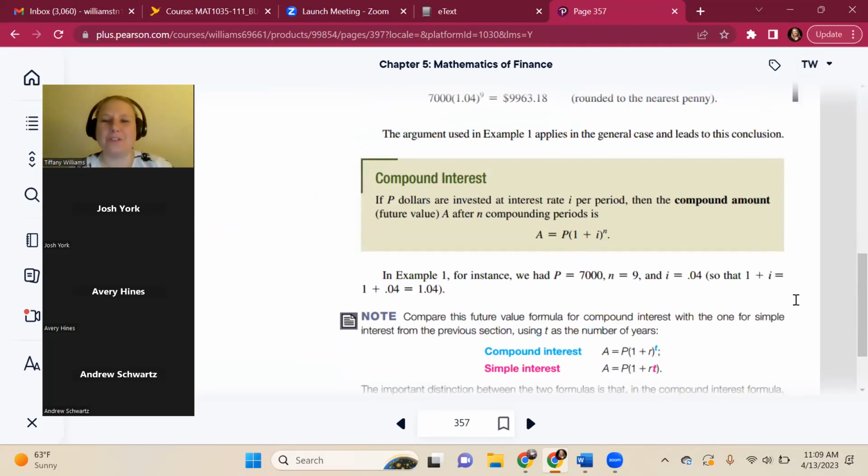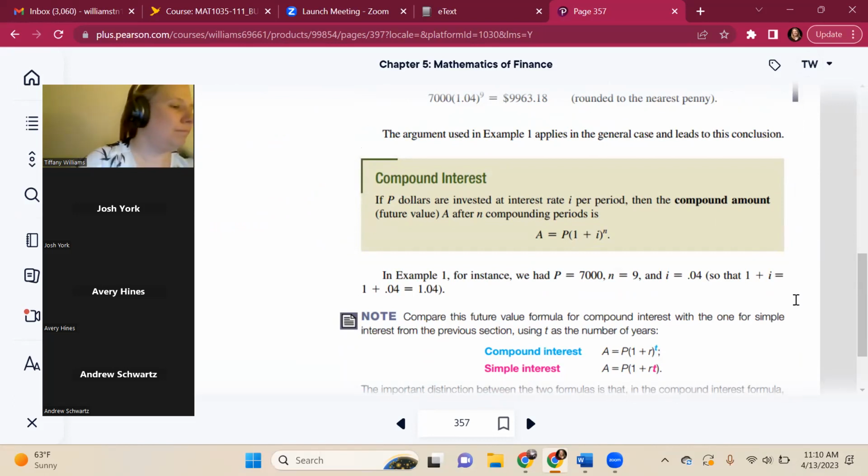So here's our compound interest formula. If P dollars are invested at an interest rate i per period, then the compound amount, or the future value A after n compounding periods, is A = P(1 + i)^n. I don't particularly like the way they write this formula.